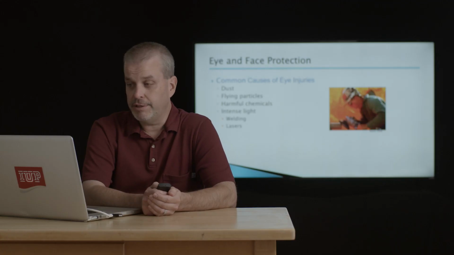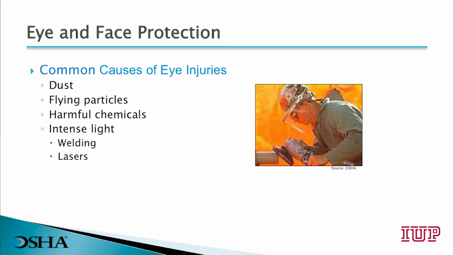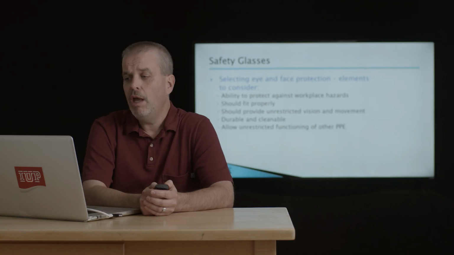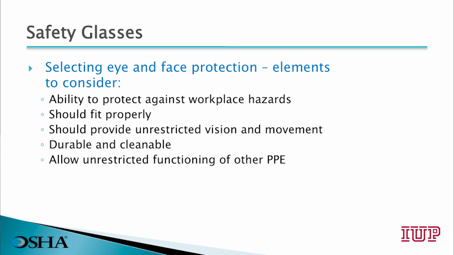Eye and face protection. Common causes of eye injuries include dust, flying particles, harmful chemicals, and intense light from welding or lasers. When selecting eye and face protection, the equipment needs to protect against the workplace hazards observed during the assessment. Eye and face protection should fit properly, should provide unrestricted vision and movement, should be durable and cleanable, and allow unrestricted functioning of other PPE.